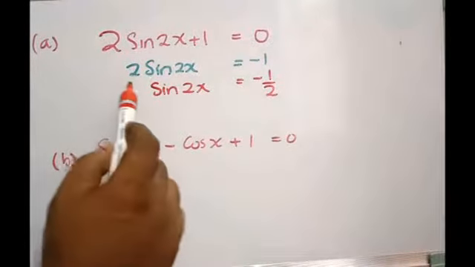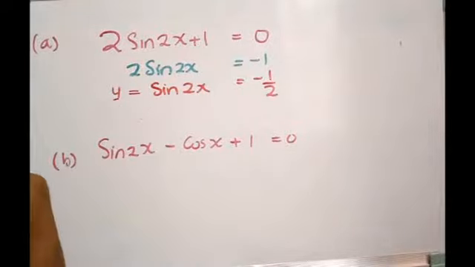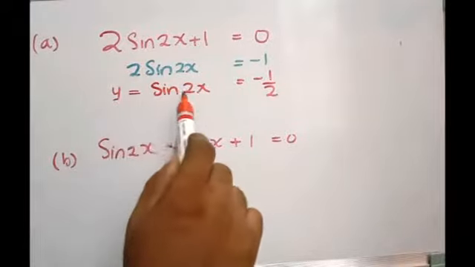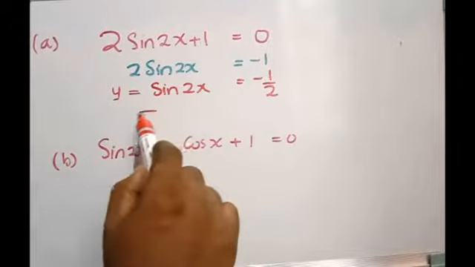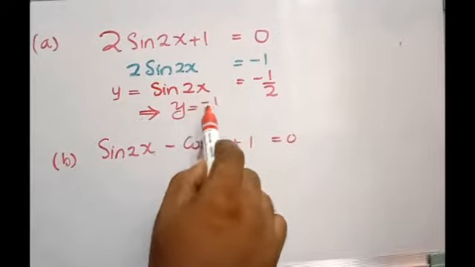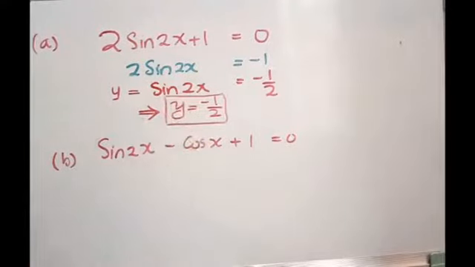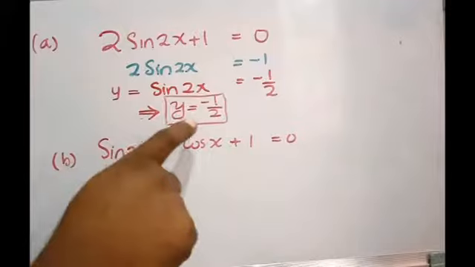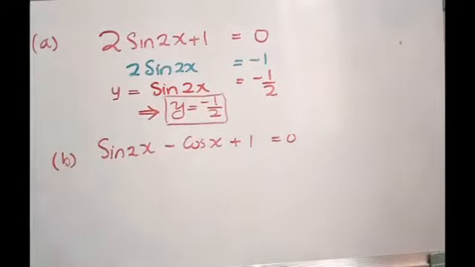And you know, in our question, sine 2x is y. So we get y is equal to sine 2x, that's equal to minus 1 by 2, which gives us the answer y is equal to minus 1 by 2. Okay, and remember, y is equal to minus 1 by 2 is the value on the graph y is equal to sine 2x.